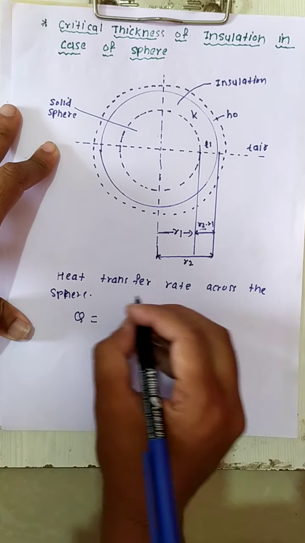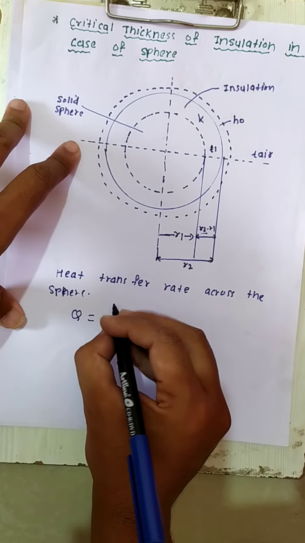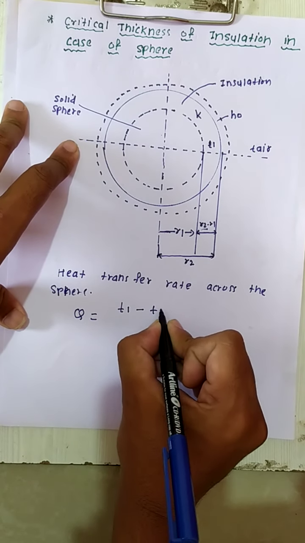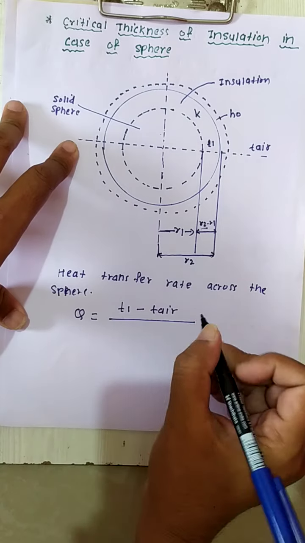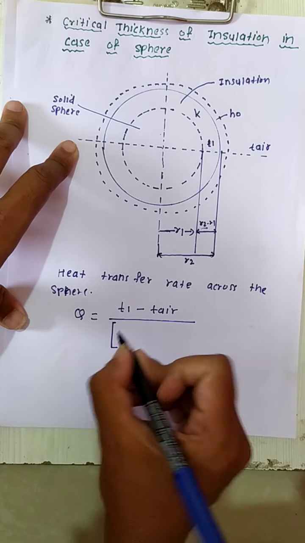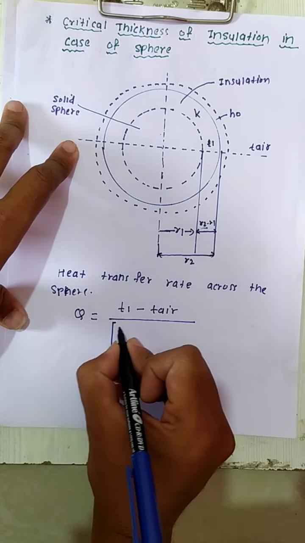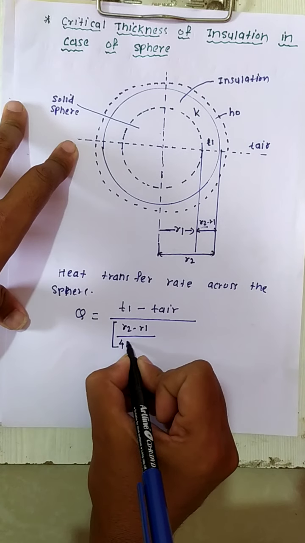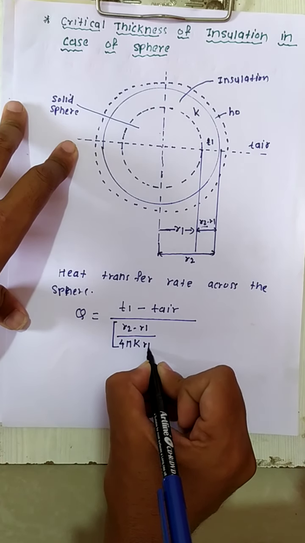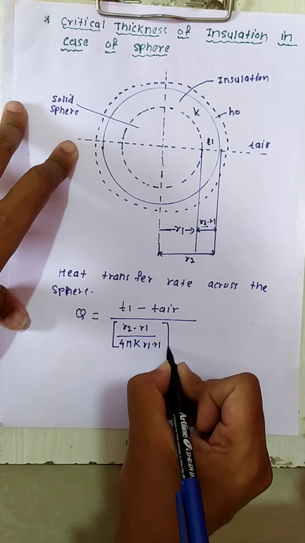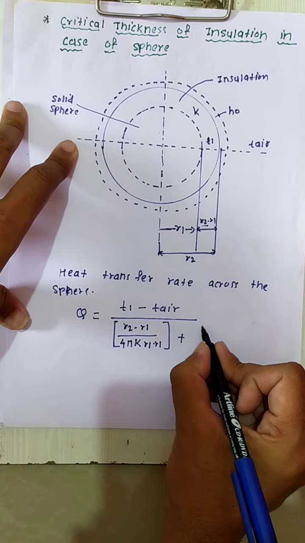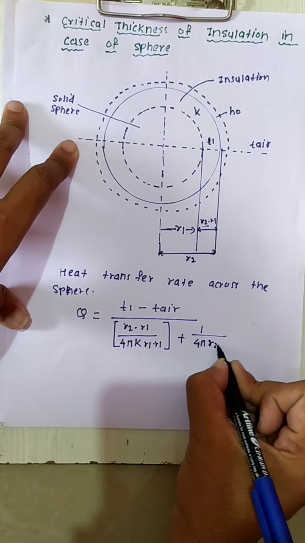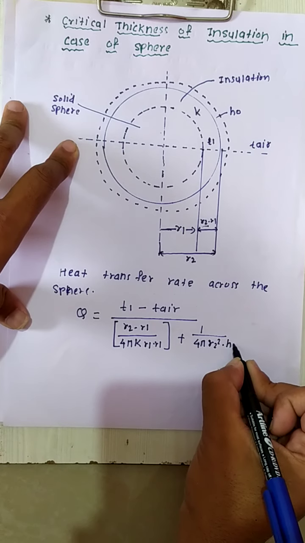So the heat transfer rate across the sphere is Q equal to T1, the surface temperature, minus T air, upon the conductive resistance of the sphere, (r2 minus r1) upon 4 pi k r1 r2, plus 1 upon 4 pi r2 square into ho.